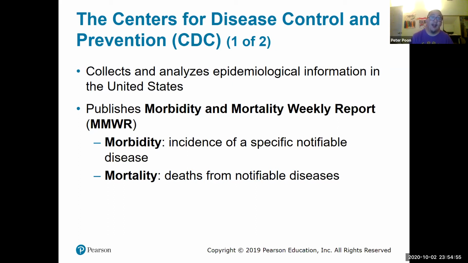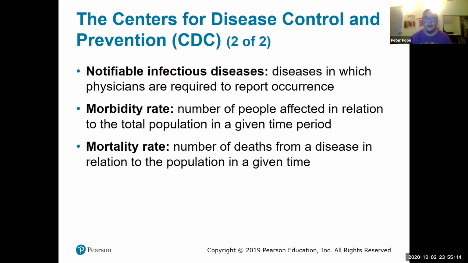It was pretty interesting. Morbidity is the incidence of a specific disease, and mortality is death from that disease. So morbidity is just illness, and mortality is death, so morbidity will always be higher than mortality.